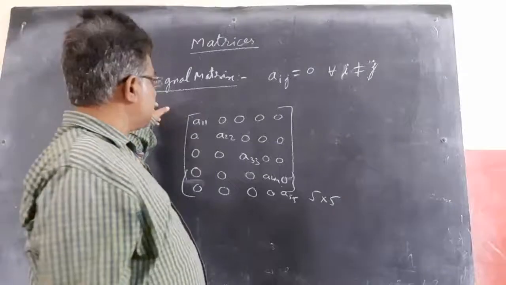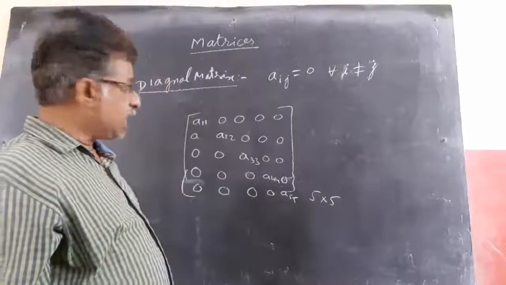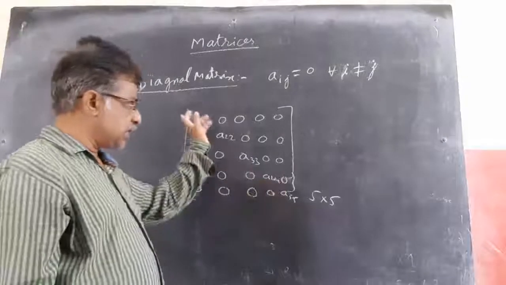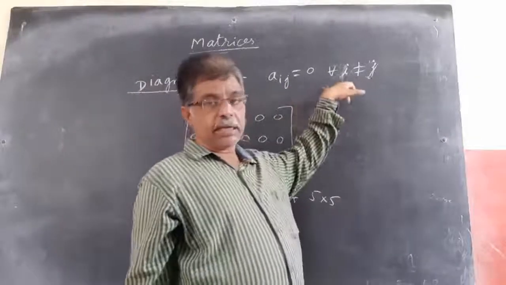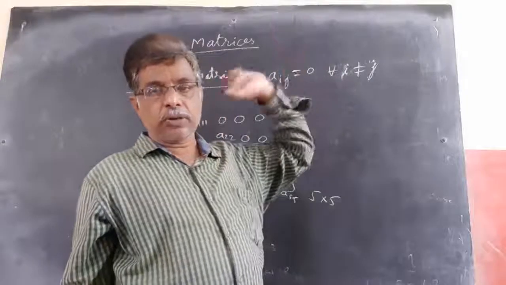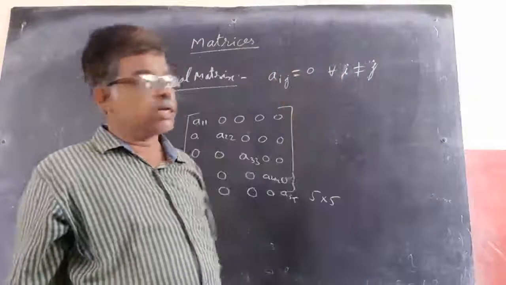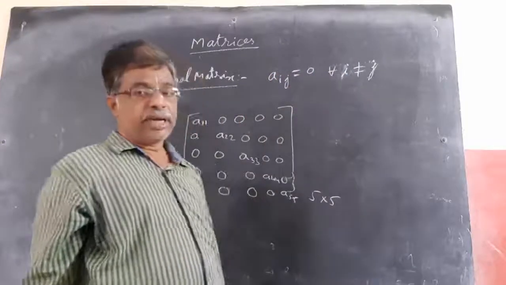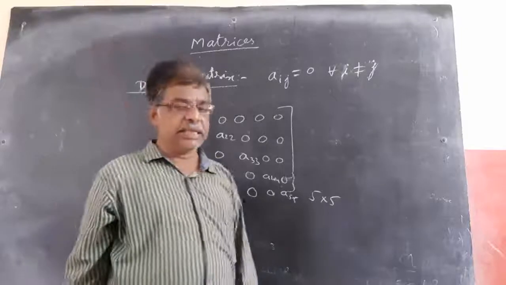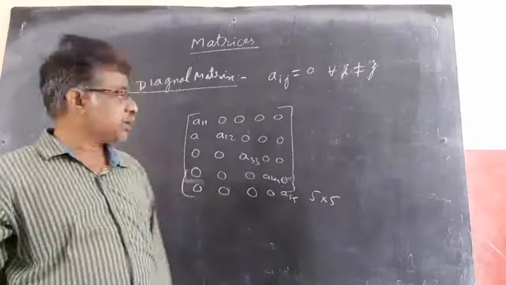What is a diagonal matrix? In a square matrix, if all non-diagonal elements are zeros, it is diagonal. Aij where i equals j is diagonal, and i not equal to j is non-diagonal. For every i not equal to j, Aij equals 0, then it is called a diagonal matrix.